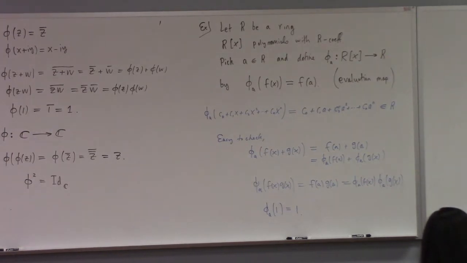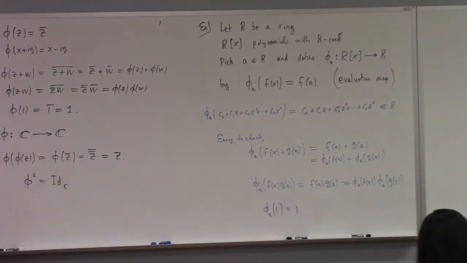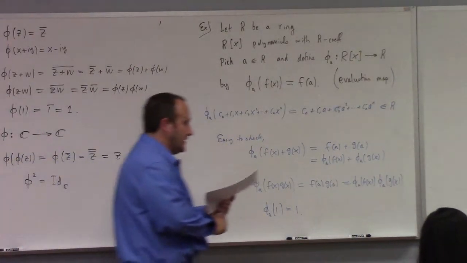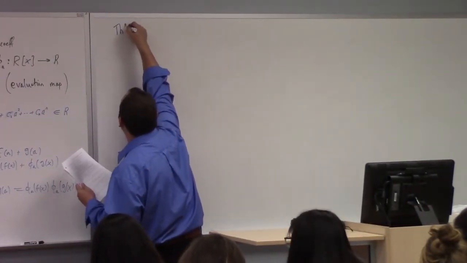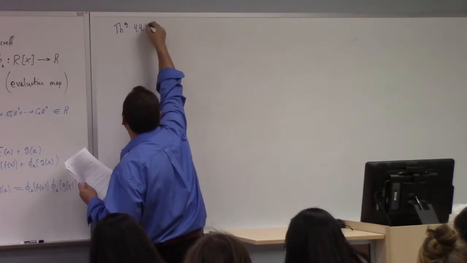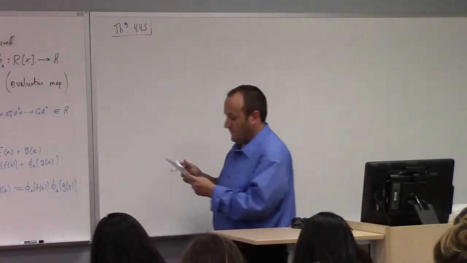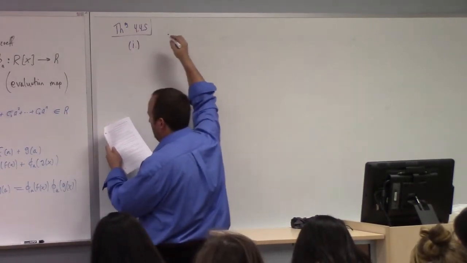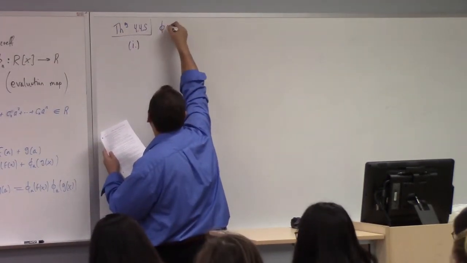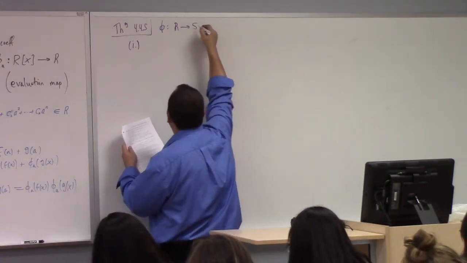What more can we say about ring homomorphisms? Well, we can say a lot of things about ring homomorphisms. This is theorem 4.45. And what this is mostly is a collection of things we have seen before, but in the context of a ring now. So here it is. We're going to look at phi, a ring homomorphism from R to S, all right?